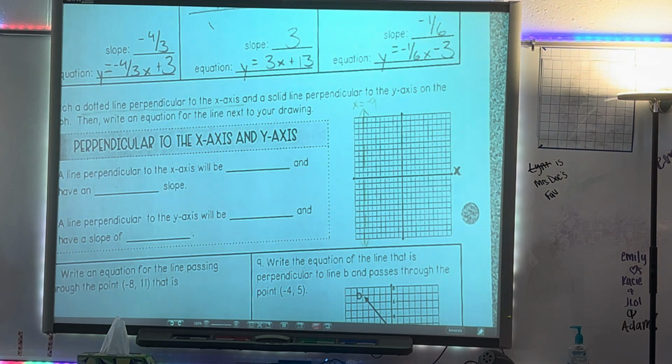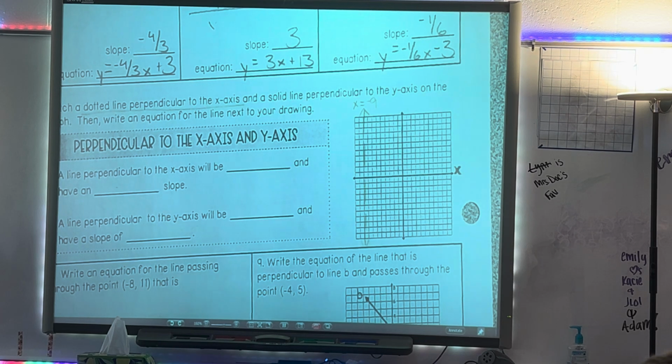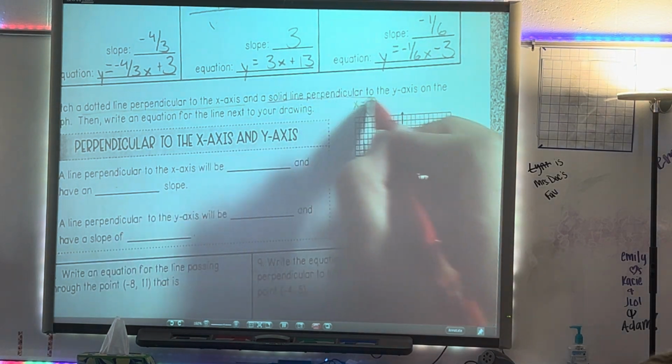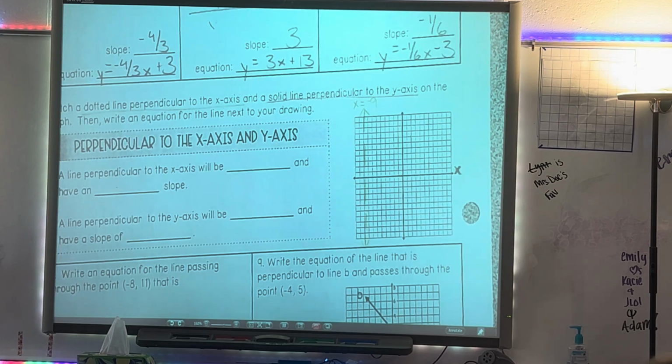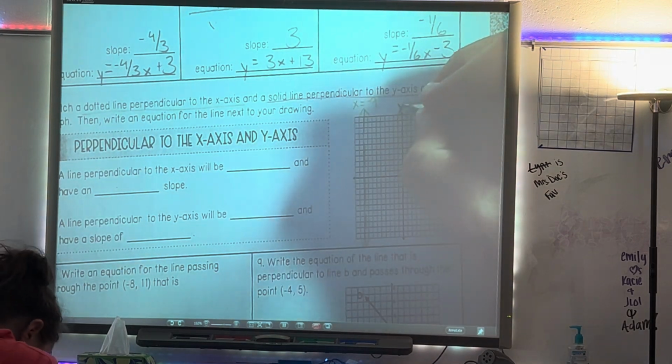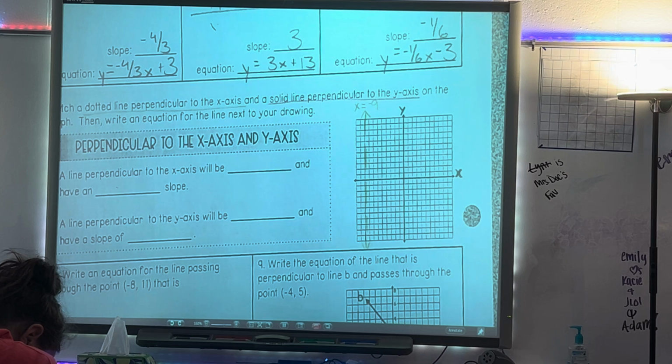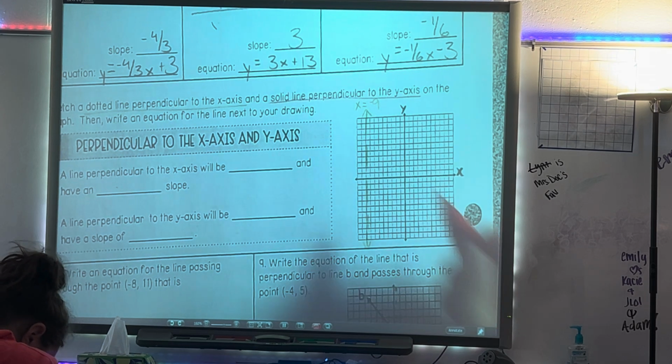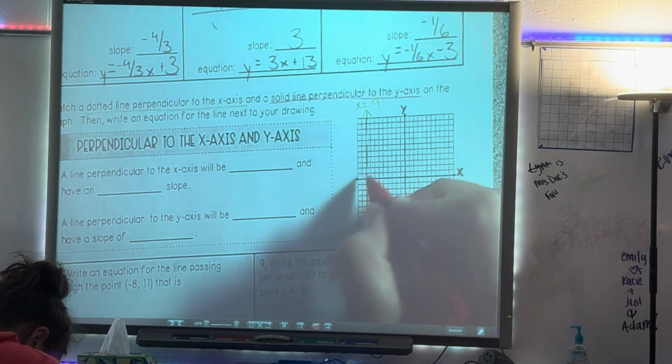Are we okay there? Then they want me to draw a solid line perpendicular to the y-axis. The y-axis is my up and down, so what's that line going to look like? Horizontal, and you can draw it wherever you want to. I'm going to put mine right here.